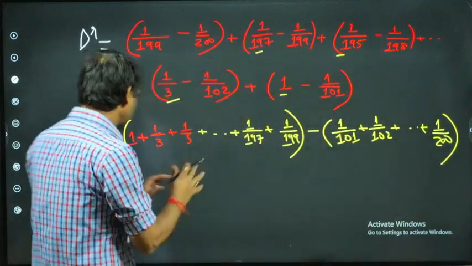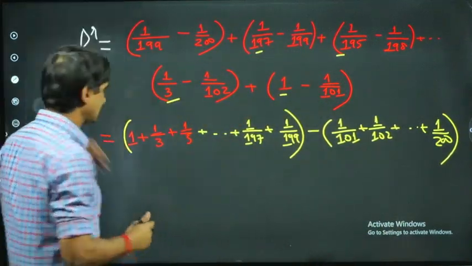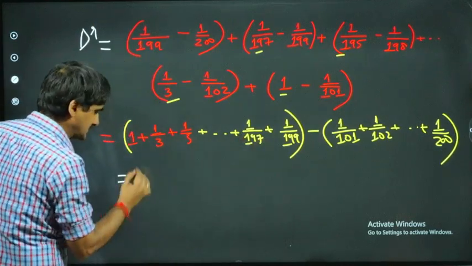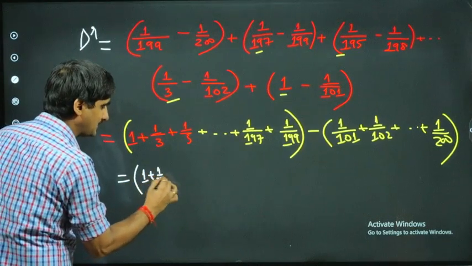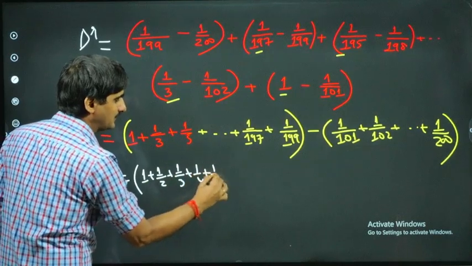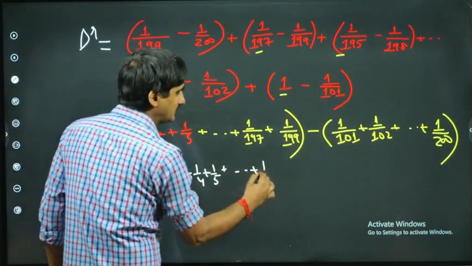Now what I will prefer to do here is to add and subtract the terms which we are missing. So if I add 1 plus half plus 1 by 3 plus 1 by 4 plus 1 by 5 and till 1 by 200.